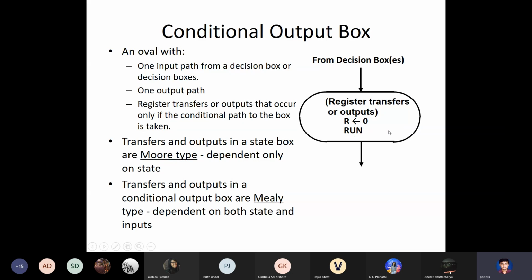So you have a list of output variables which are set to 1 on reaching this box. Also, this is a register transfer. This means some flip flop or some register is written a value 0. So these actions take place.